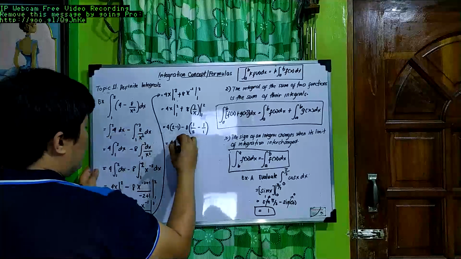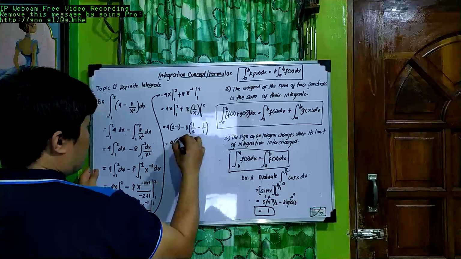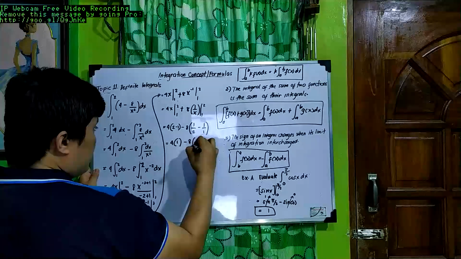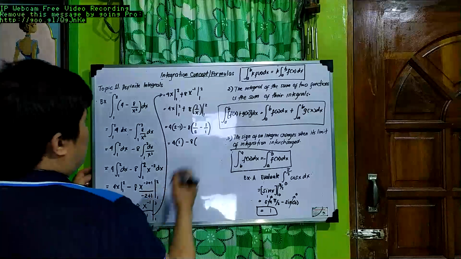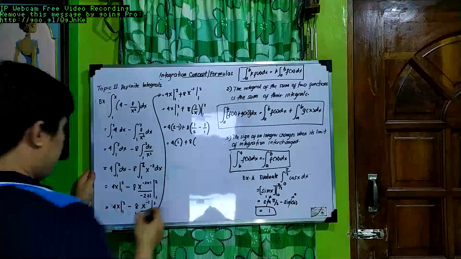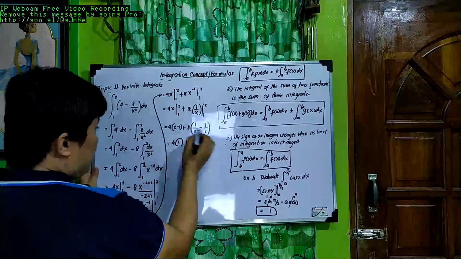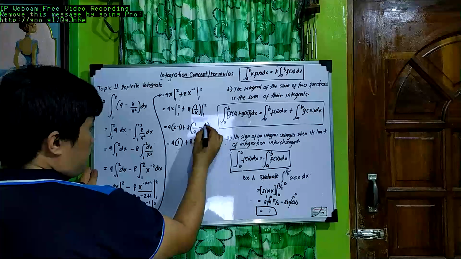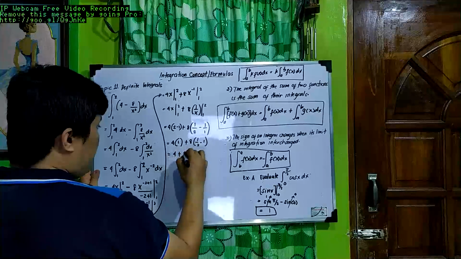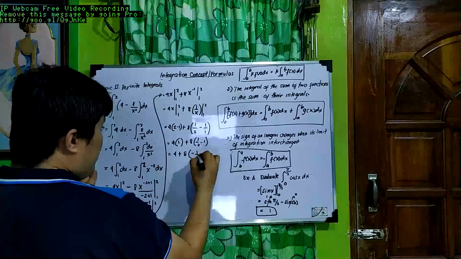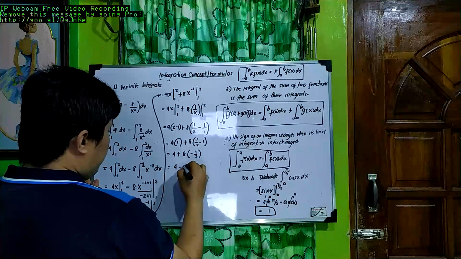So you have 4 times 2, 4 times 1 already, minus 8 times negative 1/2, right? That is positive, because negative times negative is positive. So therefore you have 4 plus 8 times 1/2 minus 1, that is negative 1/2. So you have 4 minus negative 1/2.